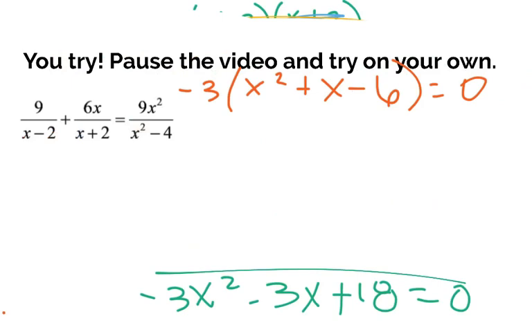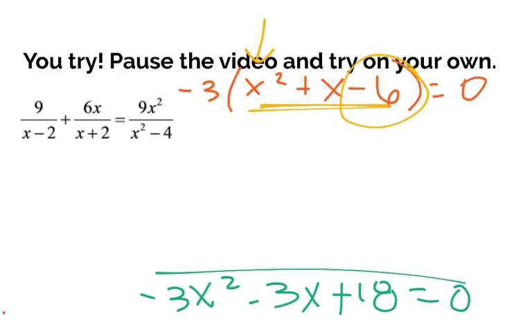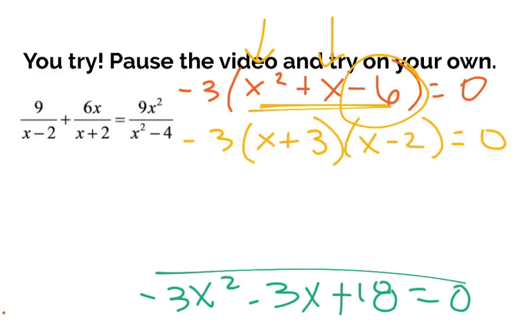So when I divide out the negative 3, I get what I have in red at the top of the screen. And now it makes this part a lot easier to factor because now my leading coefficient is 1 right here. So factors of negative 6 that add to get me 1 would be 3 and negative 2. So when I factor it, I'll get this, which tells me this answer is negative 3 and this answer is positive 2.